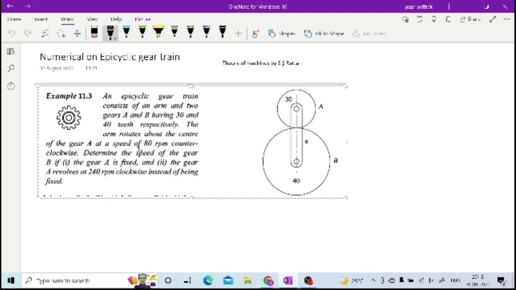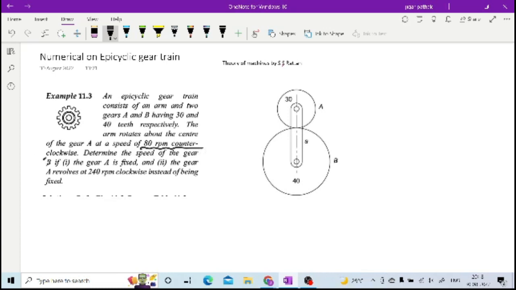Then the arm rotates about the center of gear A at a speed of 80 rpm counterclockwise. You have to determine the speed of gear B.